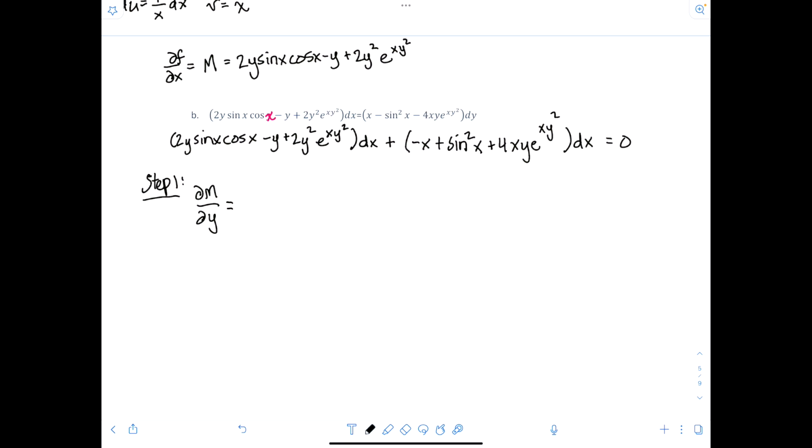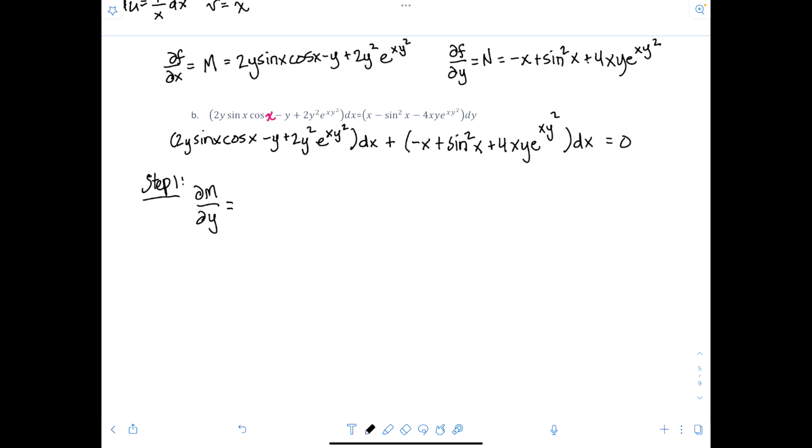And then my first partial of f with respect to y is equal to n of x and y, which is equal to negative x plus sine squared at x plus 4xy e to the xy squared. Cool, cool?